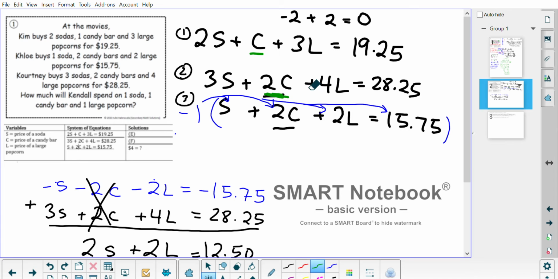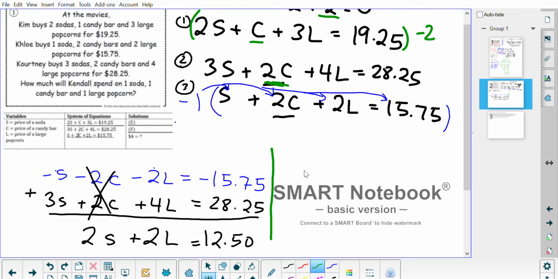Now the issue here is that we have a positive 2, but we need that negative 2. So we have to change this c up here into a negative 2c so we can cancel things out. So I can actually multiply this first equation by a negative 2. That's what I'm going to do right over here.